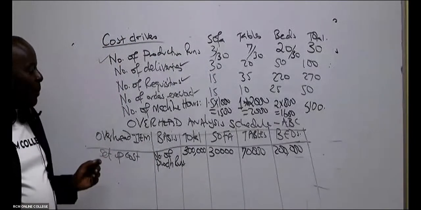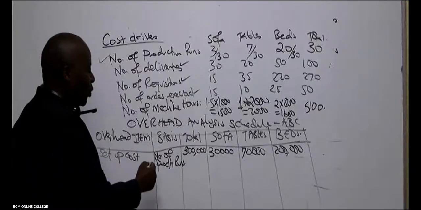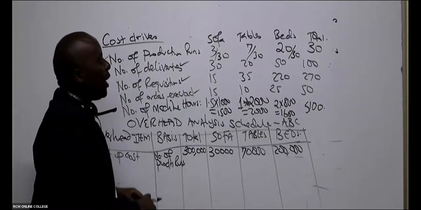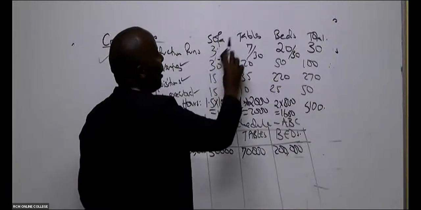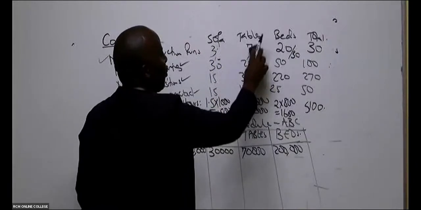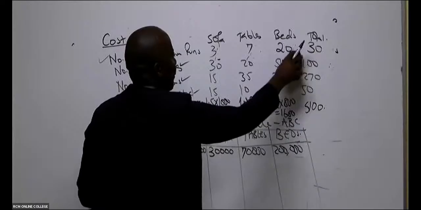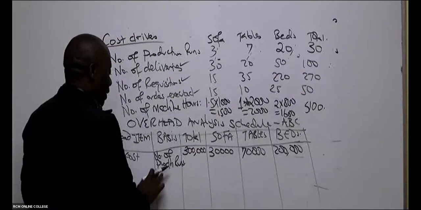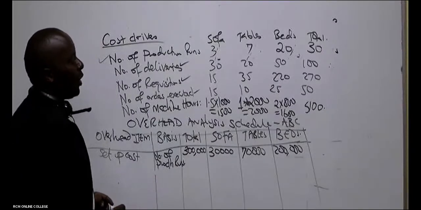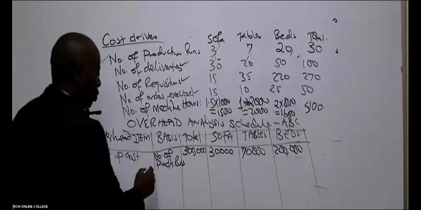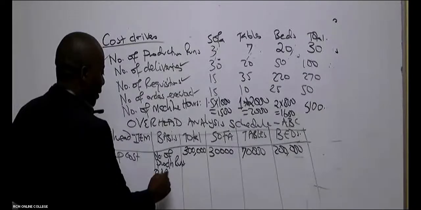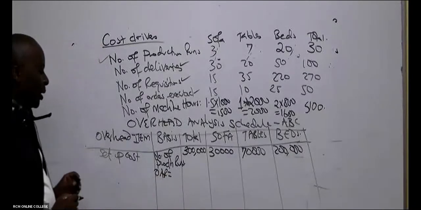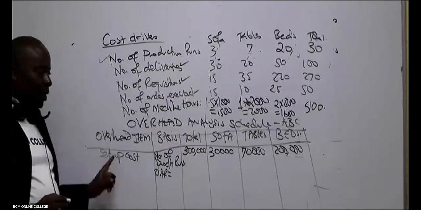So that is one approach. Another student can come and tell you, teacher, even this one, you can compute the OAR. So how do we do this OAR? Please listen. These are setup costs.